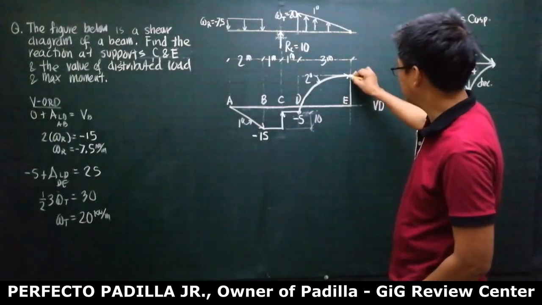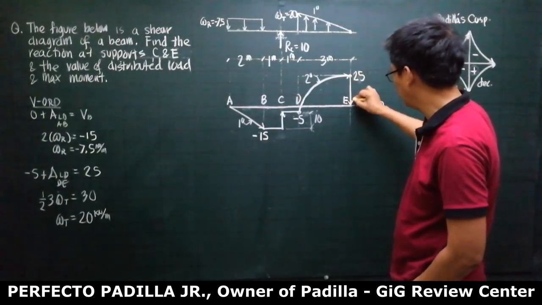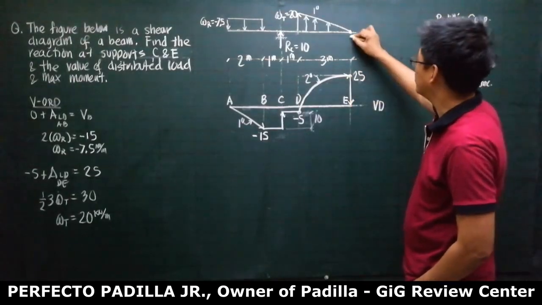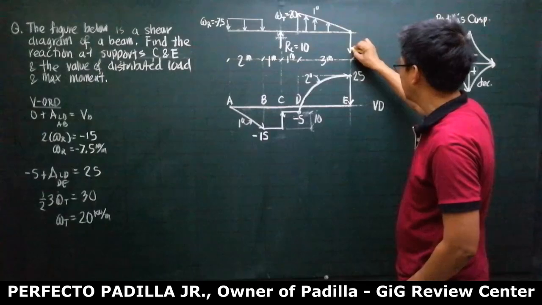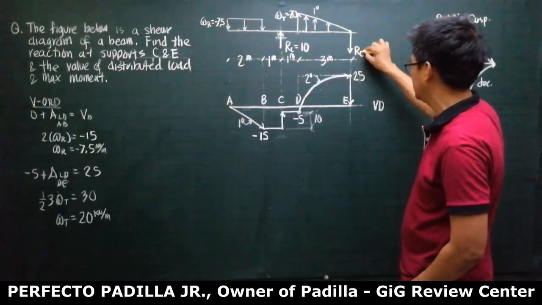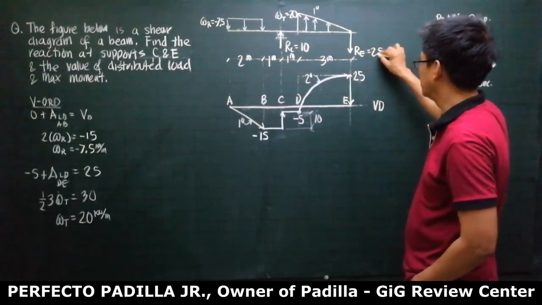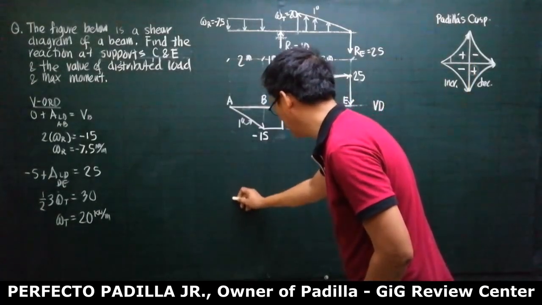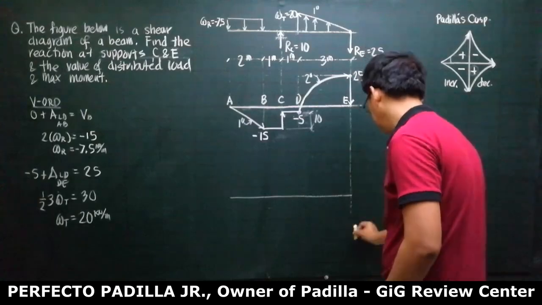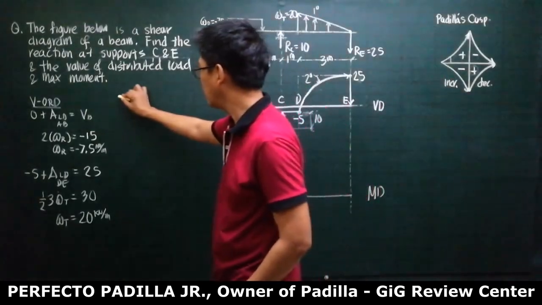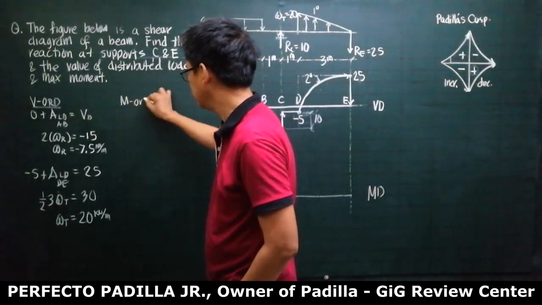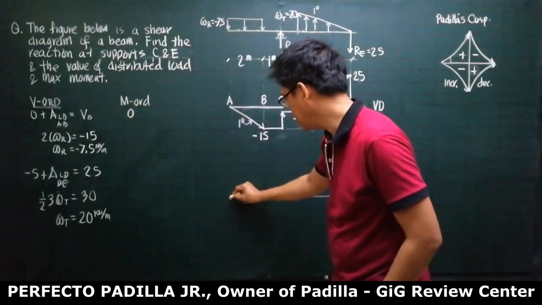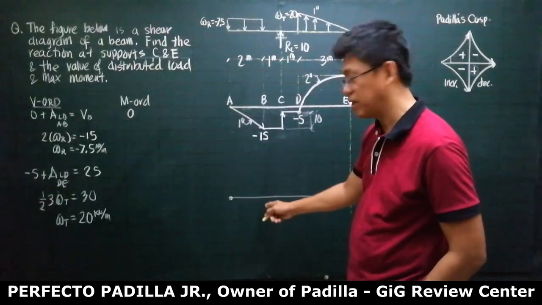Okay? And at this point, there will be a downward trend of 25. So therefore, there must be a vertical reaction here. This is RE, which is 25. So let us draw now our moment diagram. So writing our moment ordinates, starting with 0, 0 plus the area of this is the moment here.